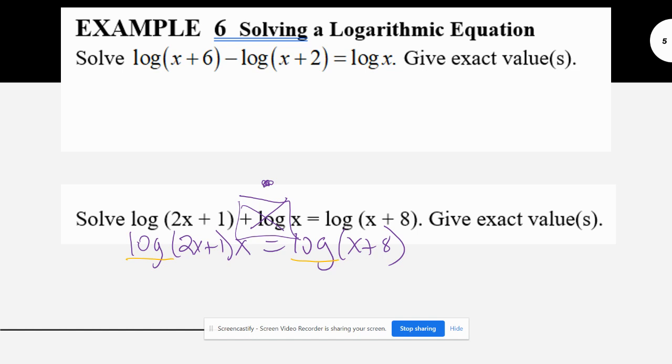Because this is log base 10 equals log base 10, I'm allowed to set just the stuff after the log equal to each other. I have to distribute my x over on the left. 2x squared plus x is equal to x plus 8.